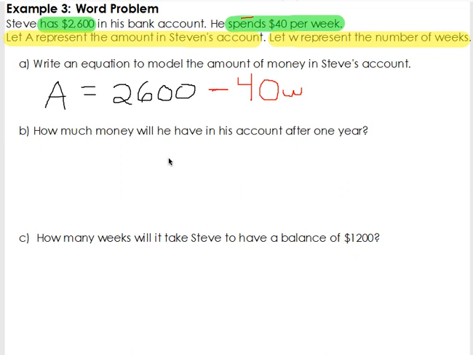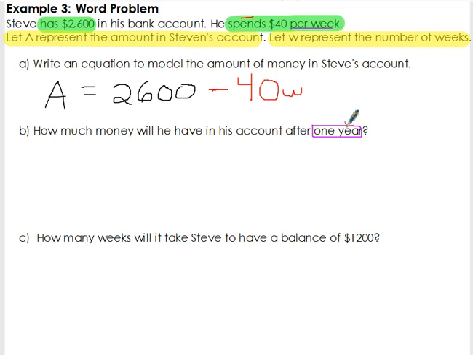How much money will he have in his account after 1 year? Hold on, 1 year. Well, this W represents per week. This equation is not built for years. It's built for weeks.